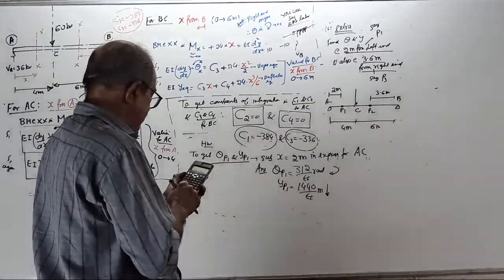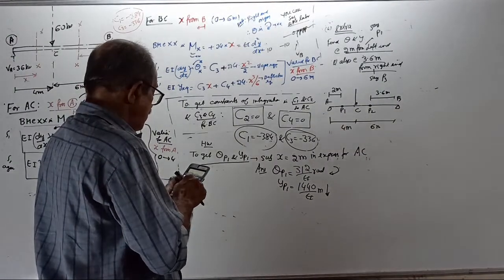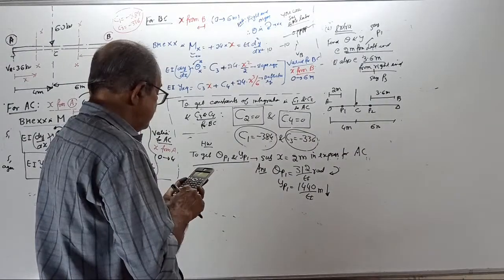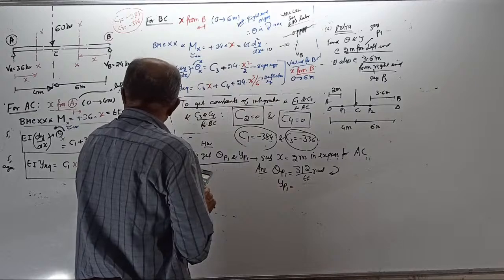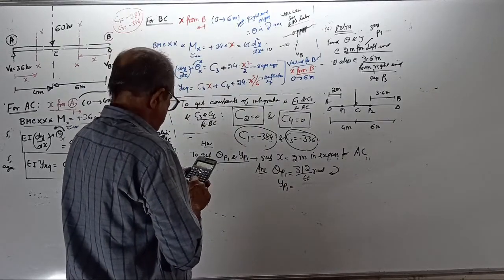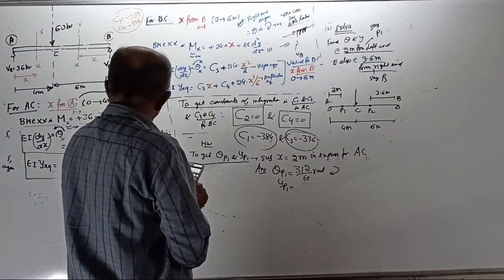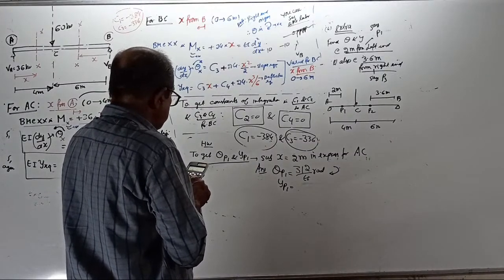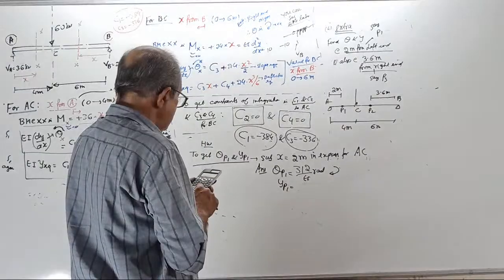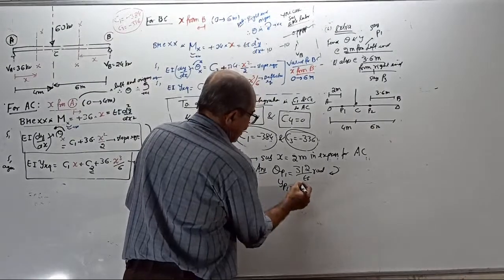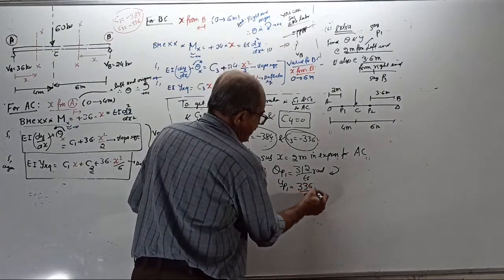C1 is minus 384 into 2 plus 36 into 4 cube divided by 6. Oh, no, wrong. I can make out, I came to know it is wrong. Once again, I'll check it now. C1 minus 384 plus 36 into 4 cube, 2 cube into 2 cube divided by 6, minus 336 by EI meter down.